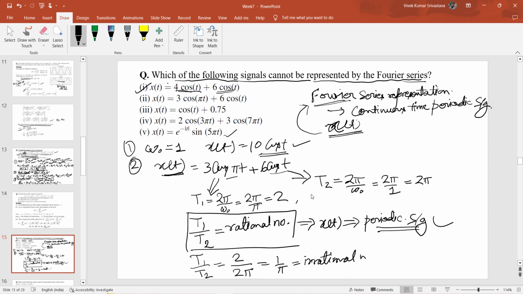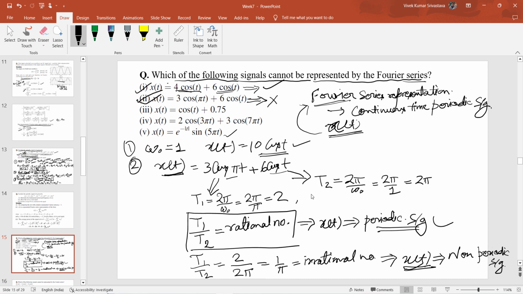So we can say x of t is a non-periodic signal, hence we cannot determine the Fourier series corresponding to this signal x of t, whereas for the previous signal we can write the Fourier series.